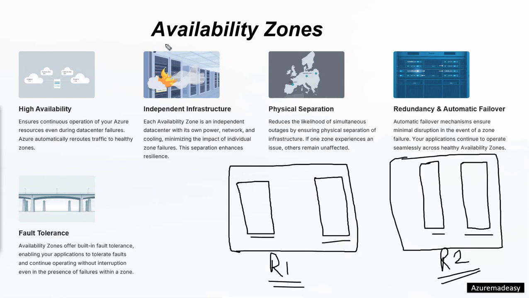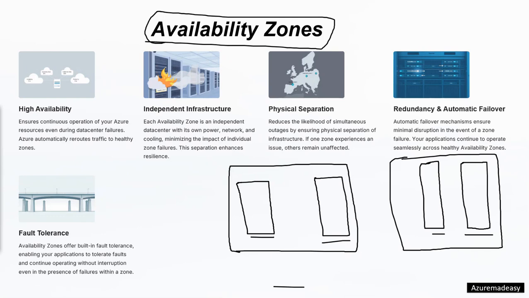Now what is happening in the availability zones? Let's consider this as zone 1 and zone 2. Availability zone occurs for the same region.